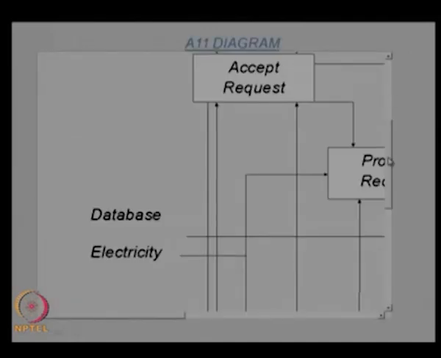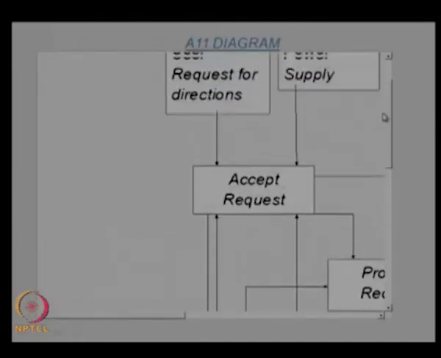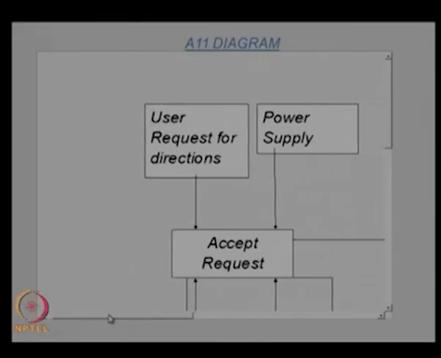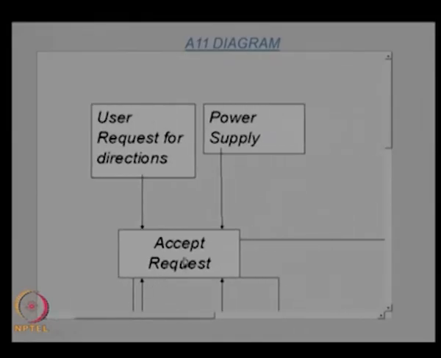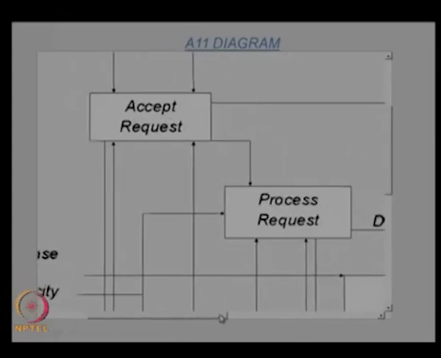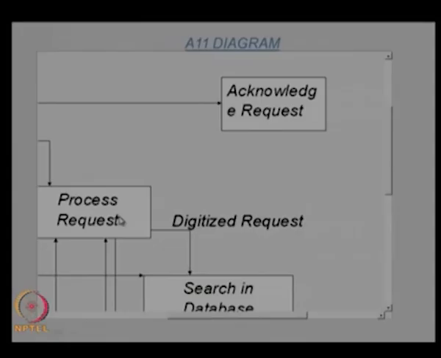This is shown with a bit more clarity here in this diagram. It is the same diagram which I explained earlier. You can see here this is the accept request function with the user request for directions and the input power supply as the inputs, and then you have this output coming from here to the process request function, where the digitized request will be going to the search database.